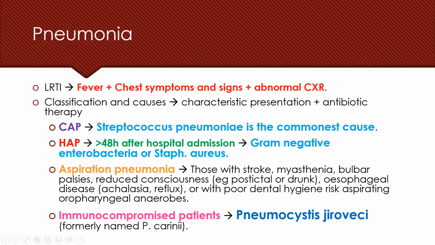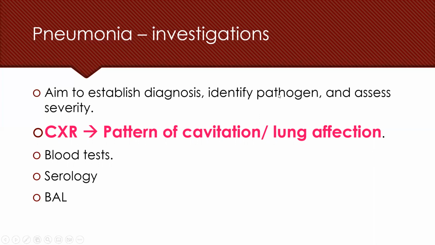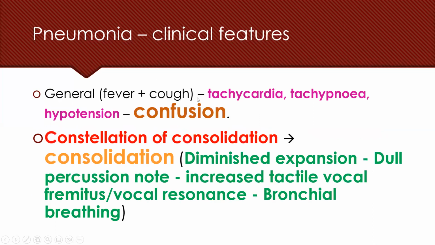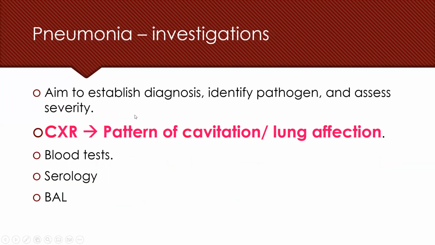I have told you that pneumonia is a lower respiratory tract infection characterized by fever, chest symptoms and signs, and an abnormal chest X-ray. So chest X-ray is an integral part of confirming the diagnosis in a patient presenting with fever, cough, tachypnea, tachycardia, hypotension, and confusion, I mean, a patient presenting with features of pneumonia.